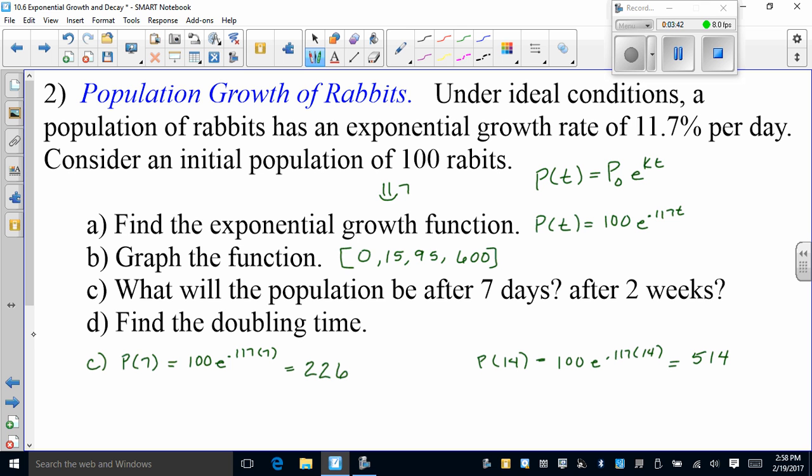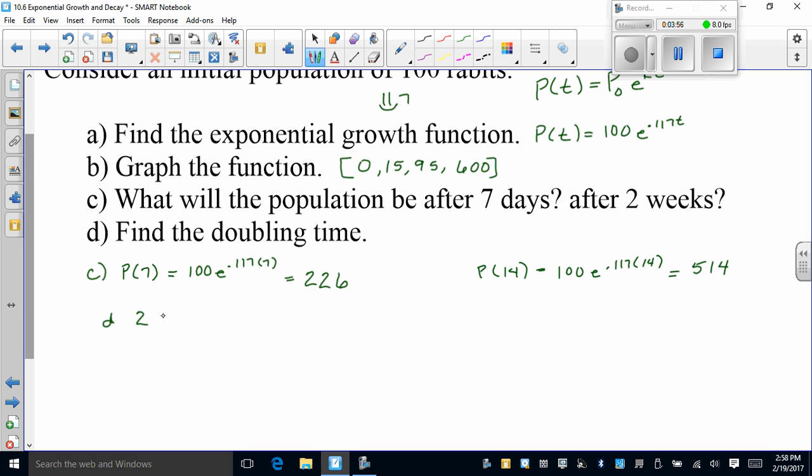So find the doubling value. Well, at this time now, we want 2 times, so here's part D. We want 2 times P sub naught, which is going to be 2 times 100. So 200 equals 100 e to the 0.117 t power.